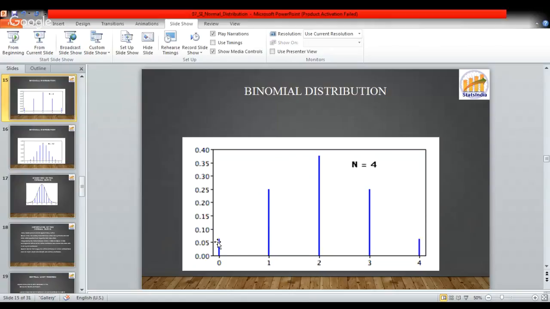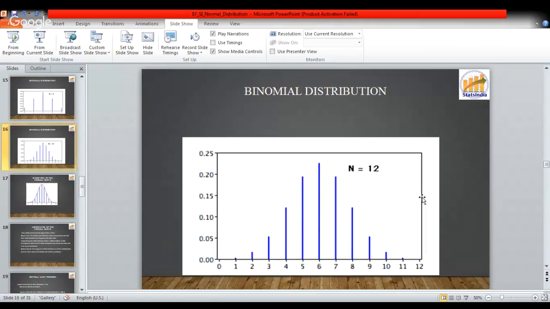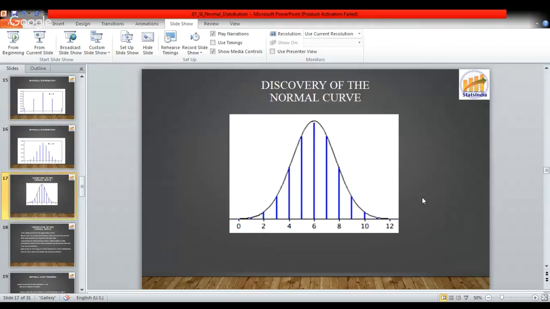That is, all tails means 0 heads, 1 head, 2 heads, 3 heads, and all heads, 4 heads. We can see the probability for each value is given. Now, if we increase n from 4 to 12, then we can see that with the increase in n, the binomial becomes normal, or the binomial follows the normal distribution.